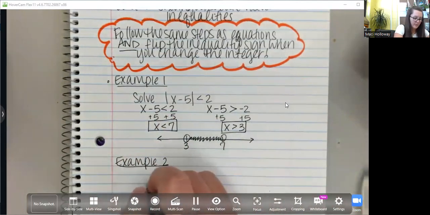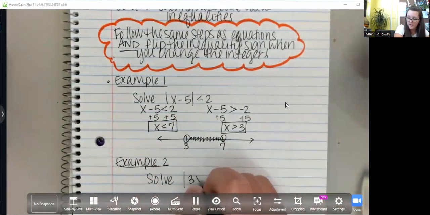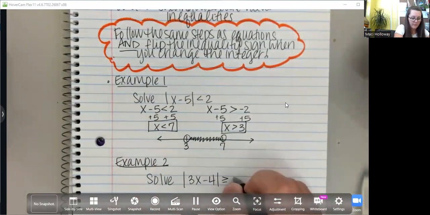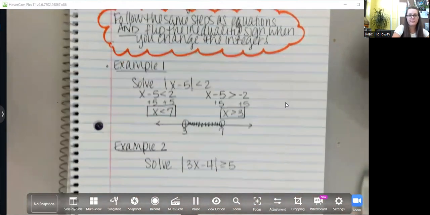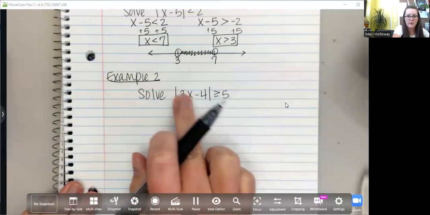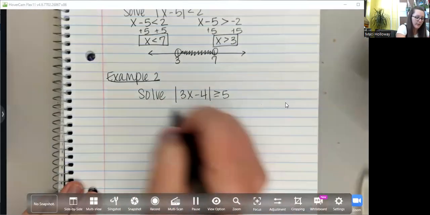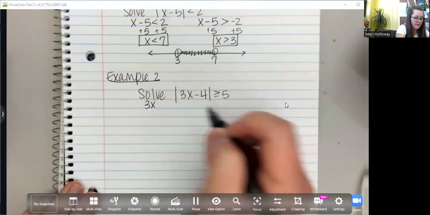We're going to solve the absolute value of 3x minus 4 is greater than or equal to 5. So if I look, my absolute value bars are isolated on this side. So my next step is to write two equivalent equations. Well, in this case, inequality.